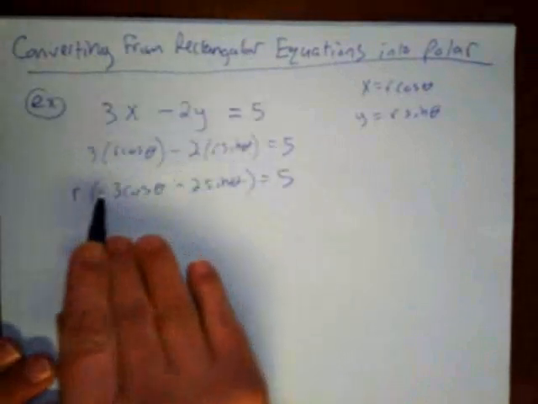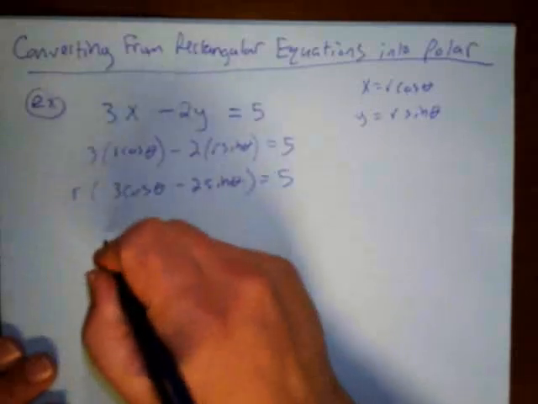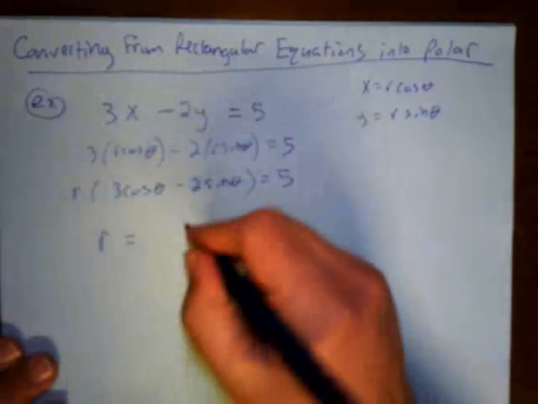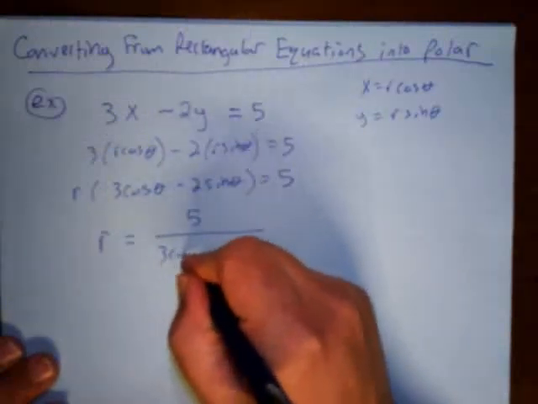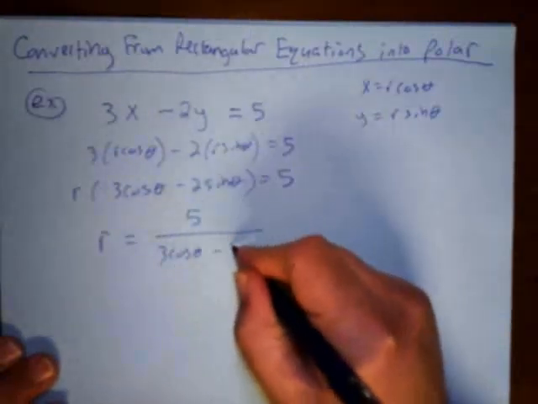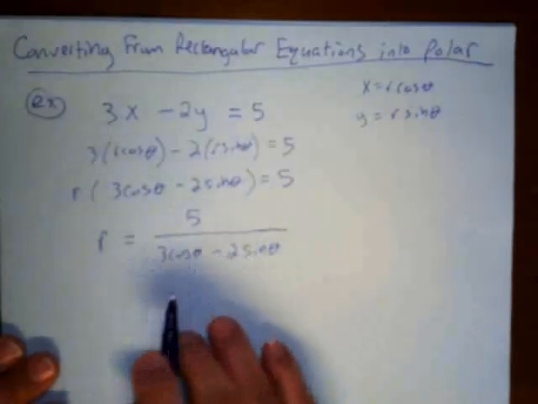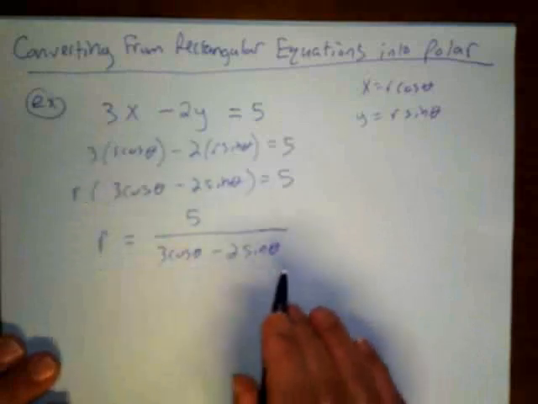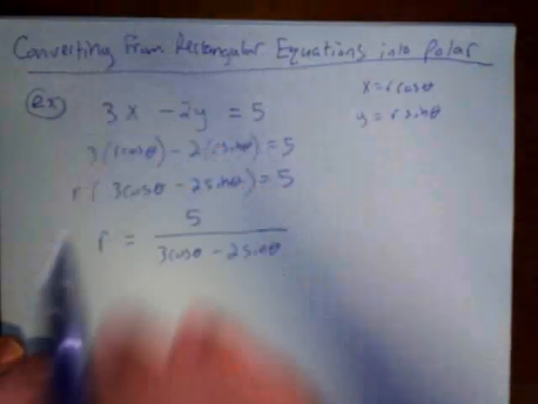Okay, so what I did is I factored out the r, and then I can divide both sides by this whole expression, and then I get that r is equal to 5 over 3 cosine theta minus 2 sine theta. Okay, and so this would be the polar equation for this rectangular equation.